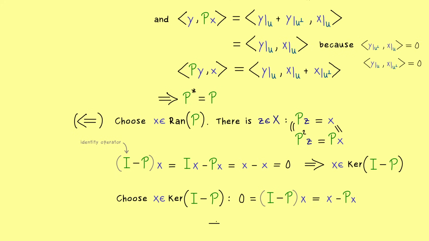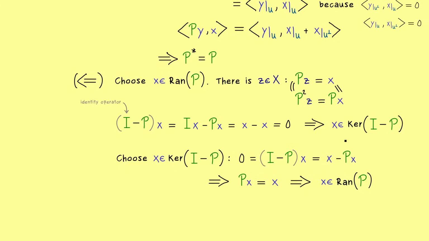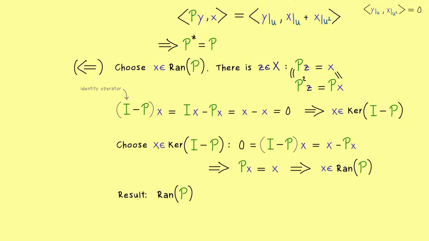And this tells us that Px is equal to x. So this is the same equality as before, and we see that x has a pre-image and therefore x lies in the range of P. And with that we have our result. The two subspaces here are exactly the same. And the only thing we needed here was the fact that P is idempotent.